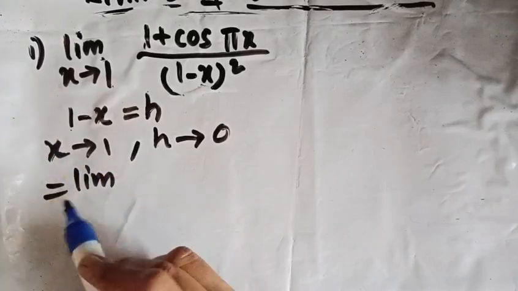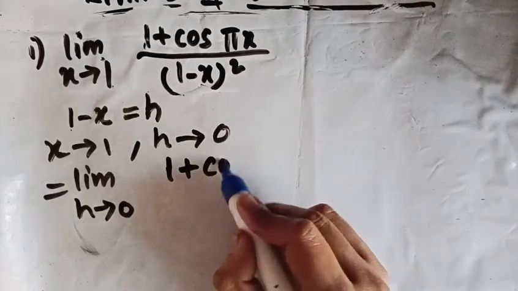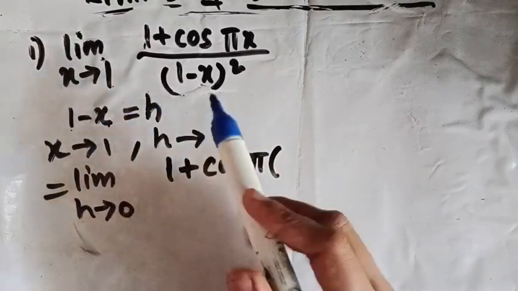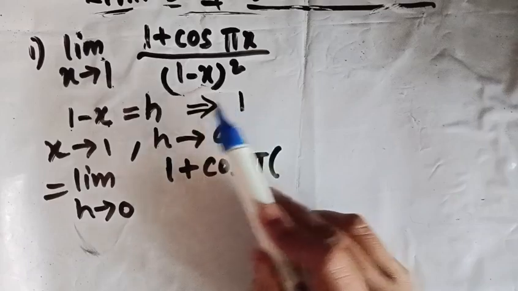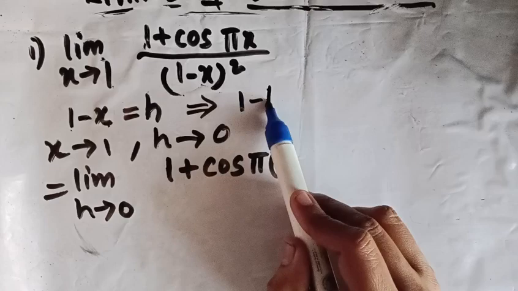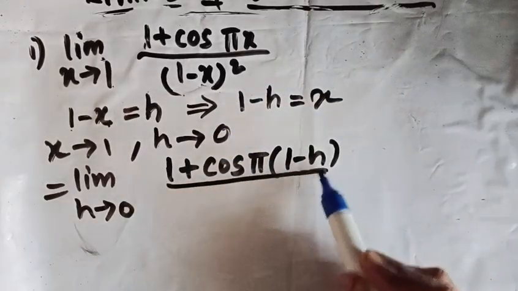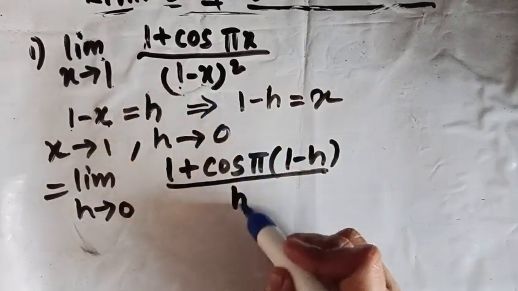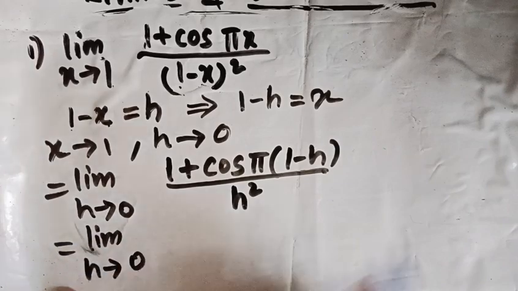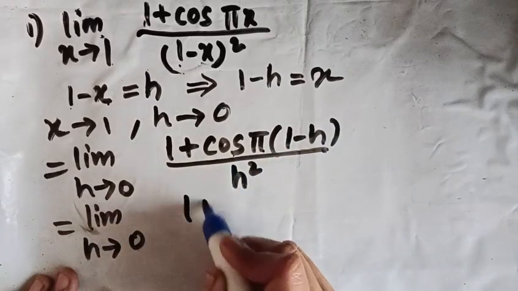This becomes h tending to 0, 1 plus cos pi, and in place of x you can write 1 minus h, since 1 minus x is h, so h square in the denominator. So you have to make use of trigonometry here. Cos of pi minus pi h.